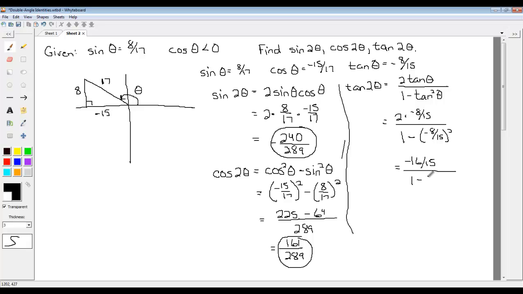Then we have 1 minus 64 over 225 in the denominator. 1 is really the same thing as 225 over 225. So we're dividing by 161 over 225. So we got negative 16/15 times 225 over 161. Do a little reducing right here, and we get negative 240 over 161.